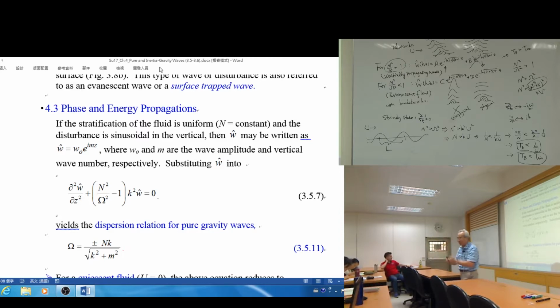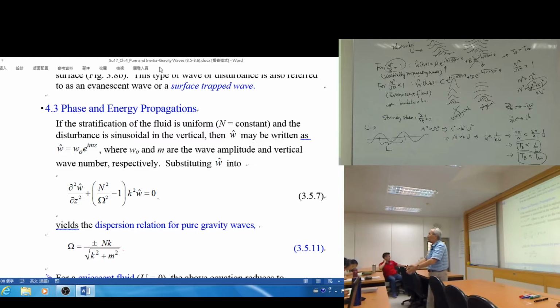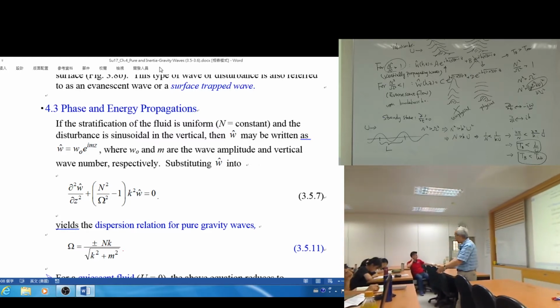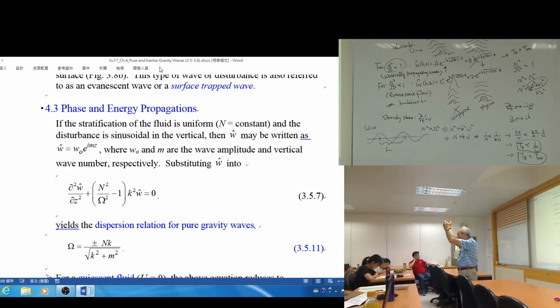We have to look at those, and also look at the energy flux. Energy flux should be upward if the source is at a lower level. If the source is at an upper level, then energy propagation would be downward, and the group velocity will be downward.